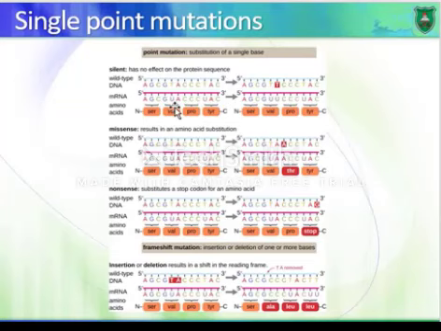Let us say, for example, a mutation occurs here in A and it is substituted into T. The substitution of A into T here will change the mRNA sequence, as you can see here.